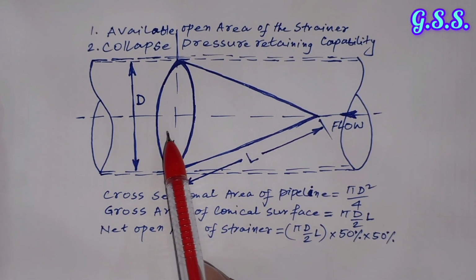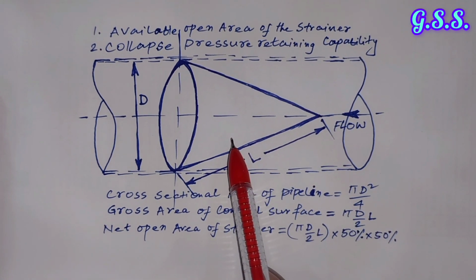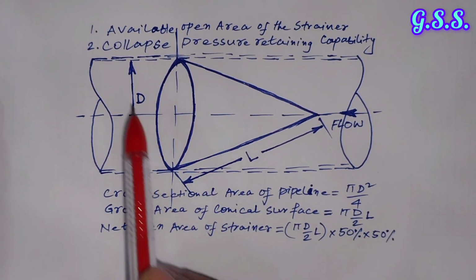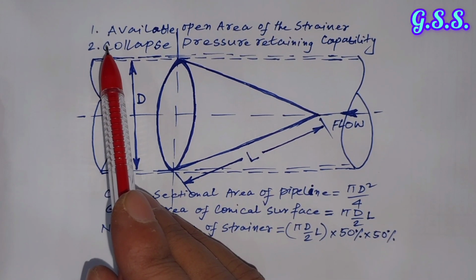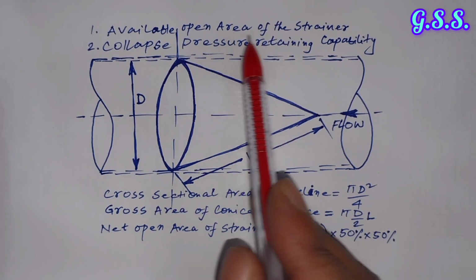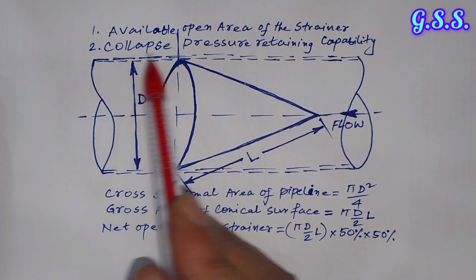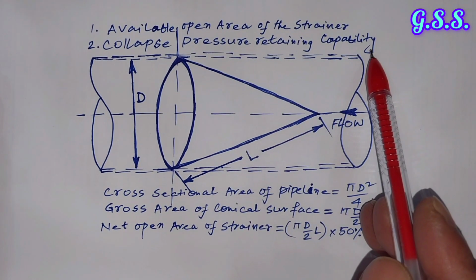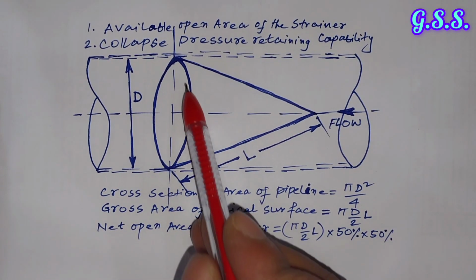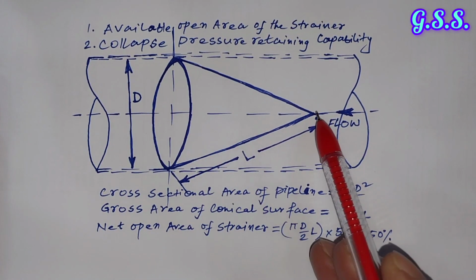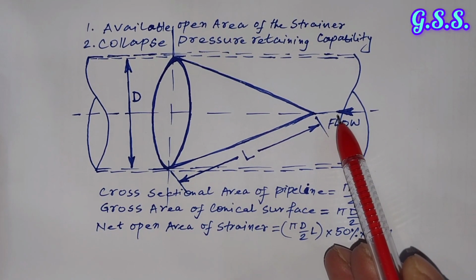Now, for a conical strainer, two important parameters are there. Number one is the available open area of the strainer, and number two is the collapse pressure retaining capability. Suppose this is the conical strainer, flow is from this side.